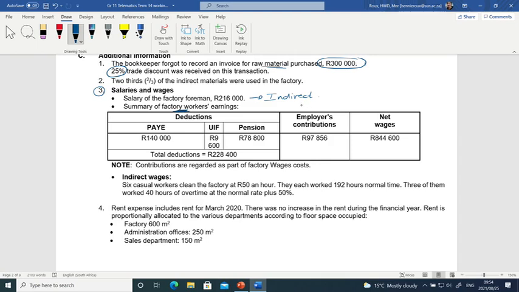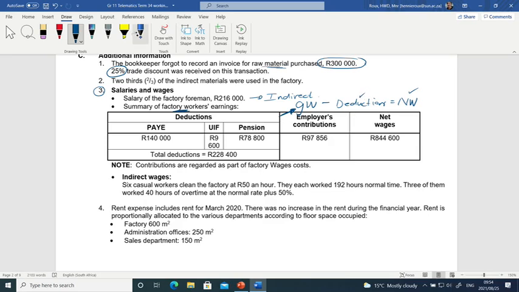Now we know that the gross wages minus the deductions will be equal to the net wages. Now cost to company will be the gross wage. So we're looking for the gross wages, not given here. But they did give us the net wages and they did give us the deductions.